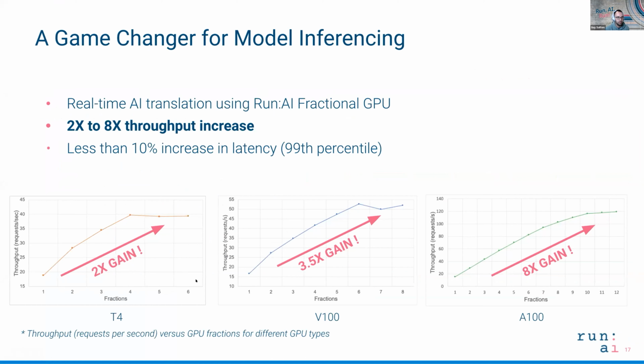You can see different types of GPUs here, both on T4, V100, and A100 GPUs. And they got between 2x to 8x throughput increase on their GPUs.